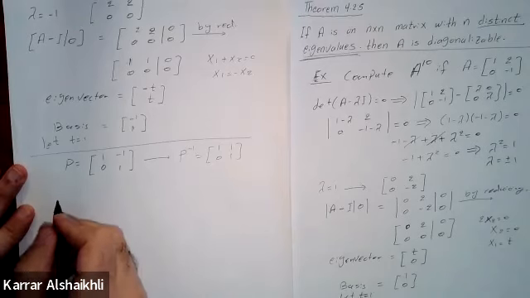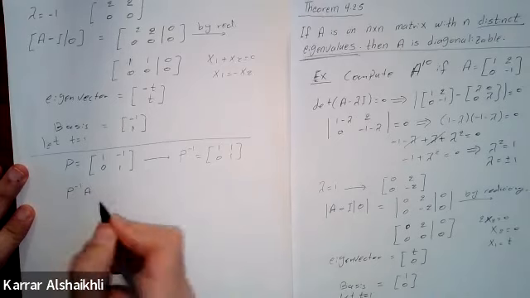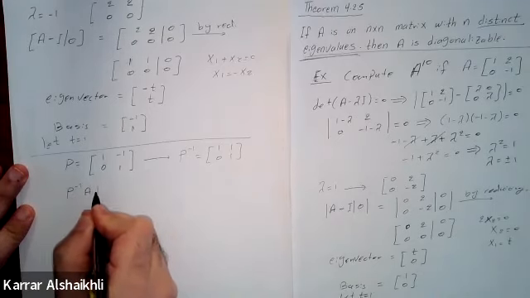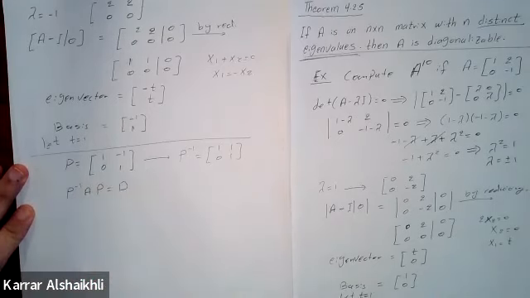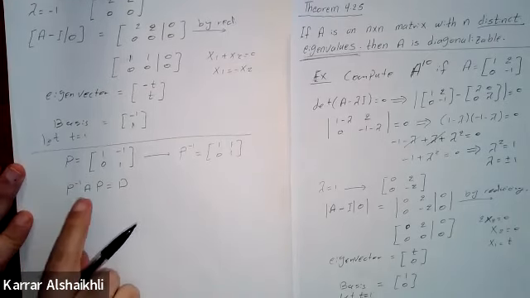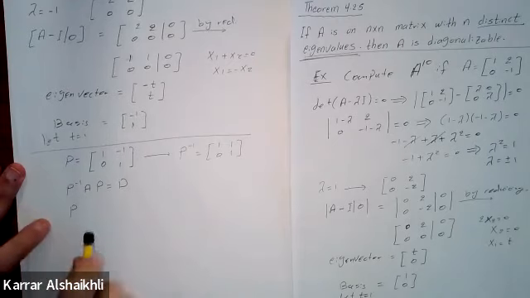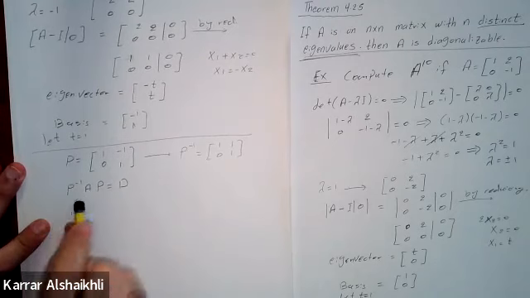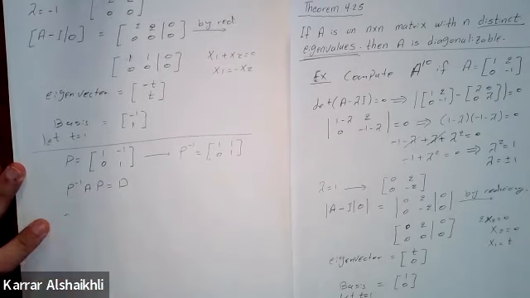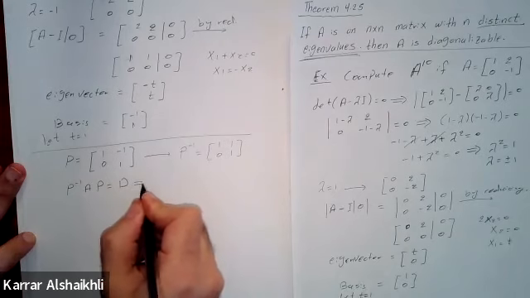We need to find, it says P inverse times A times P equals D. I'm going to multiply these. You can check it.